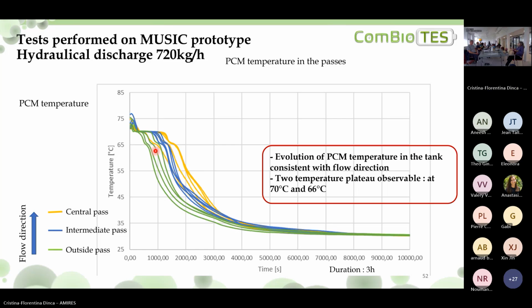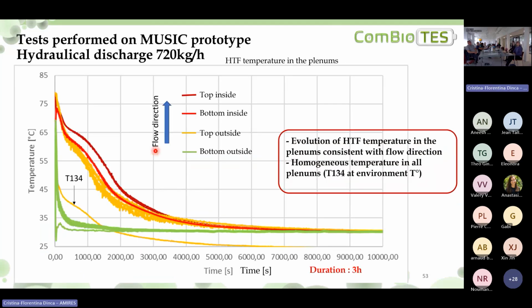So our understanding is that this PCM is probably a mixture of two elements that have different melting temperature, different phase change temperature. And it's observed in discharge and not in charge. I don't know why.